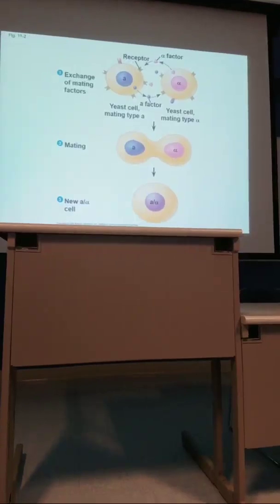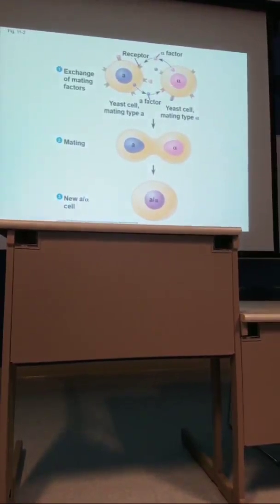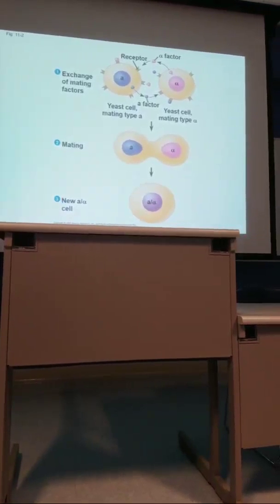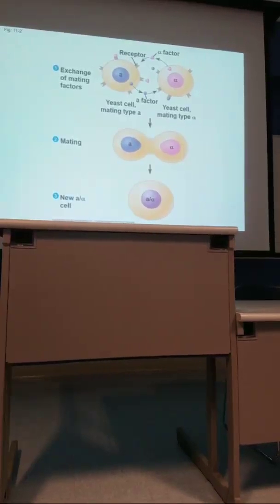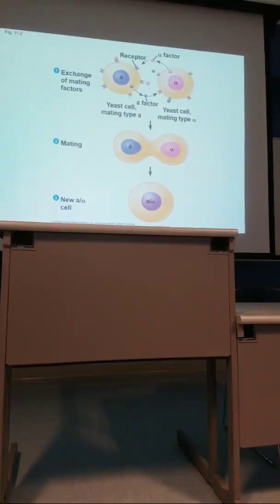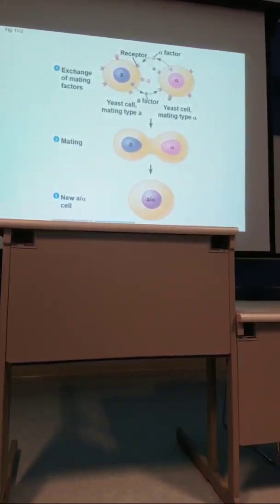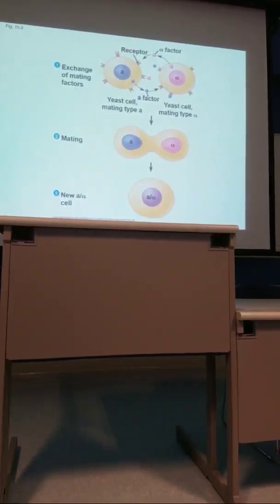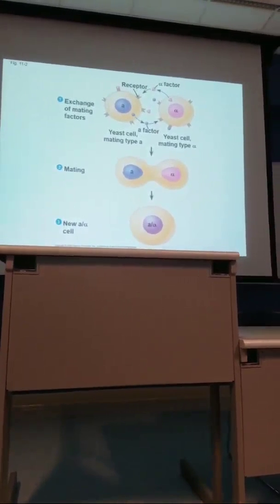Then the A cell can release a little molecule that fits real nicely with the alpha. So these are using chemicals or molecules that will fit a receptor whenever that receptor is released. And when the molecule fits into the receptor, it tells that cell, okay, now release A, or whatever it is that they release.